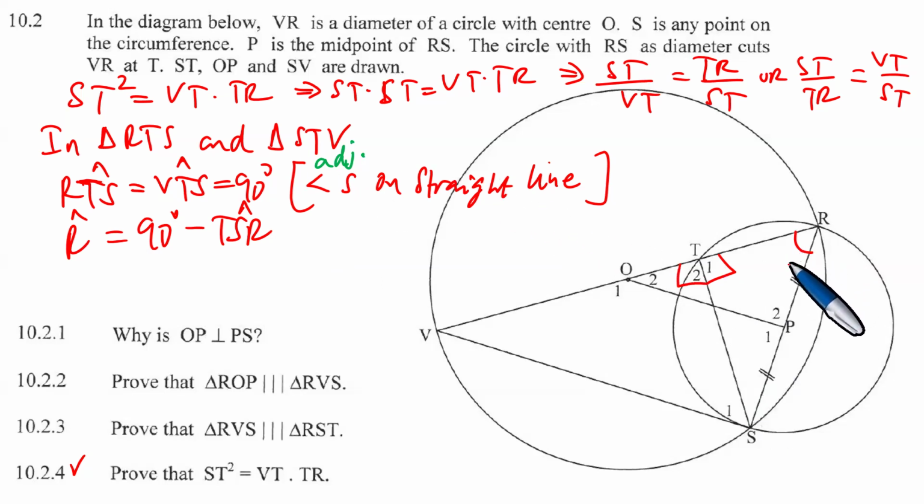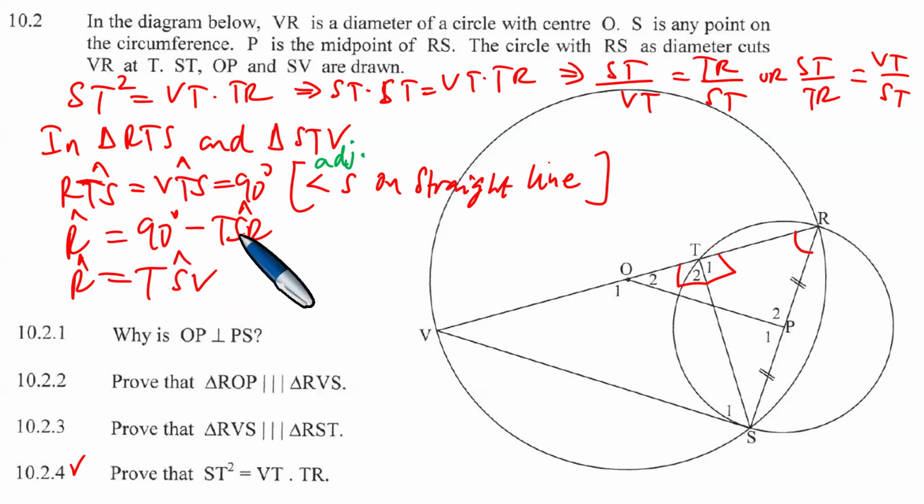The angle R is 90 degrees minus TSR, which means that the angle R is equal to the angle TSV.